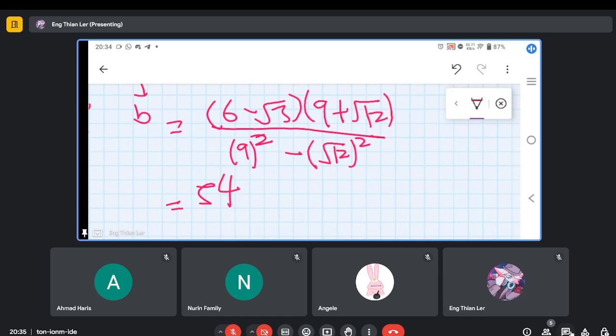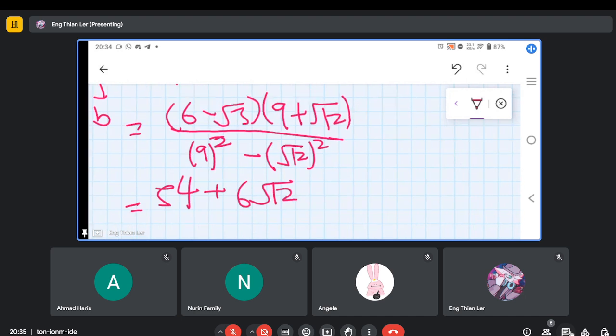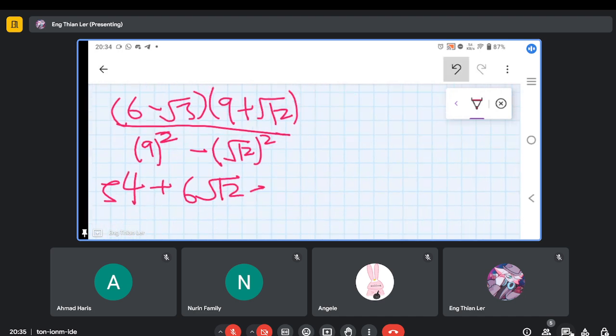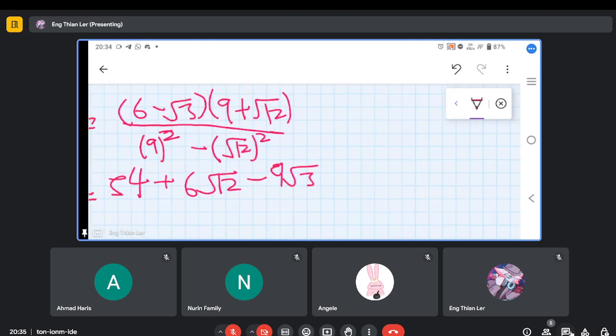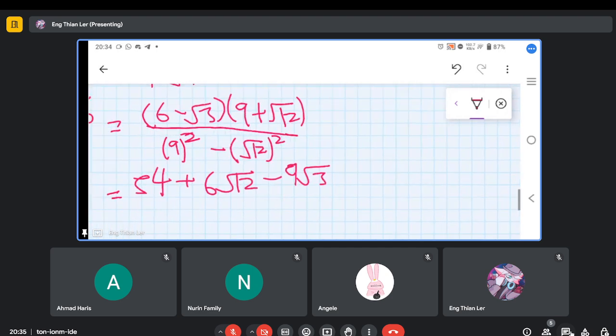And 6 multiplied by sub 12 is 6 sub 12. And then minus 9 times sub 3. And then finally, the negative sub 3 multiplied by the sub 12.